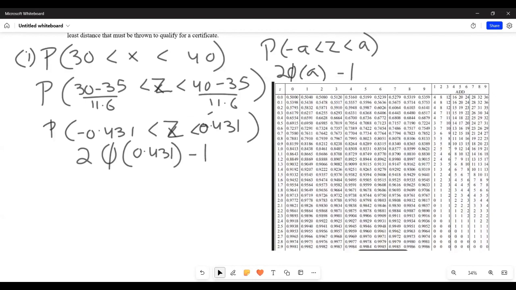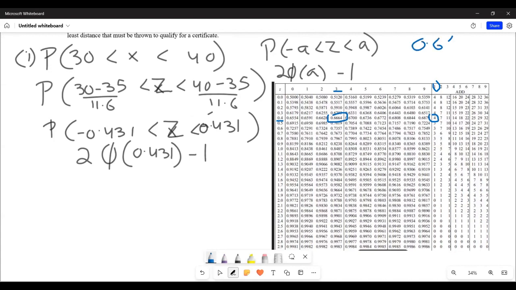0.431. So 0.43, which is this, and add what's underneath 1, which is 4. So this is going to be 0.6664 plus 4, so 0.6668.